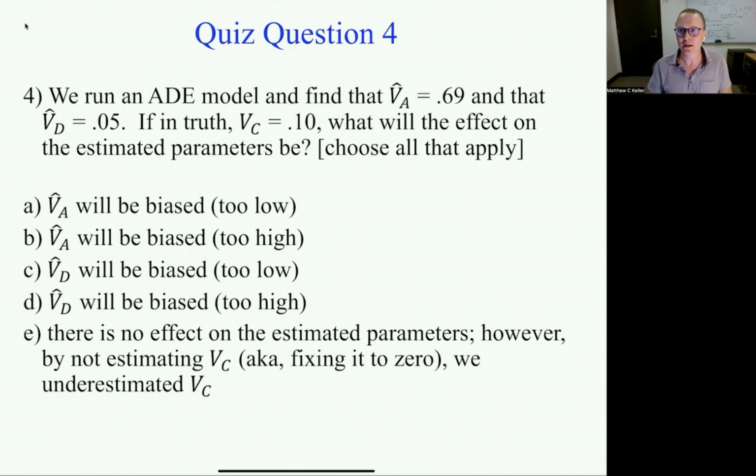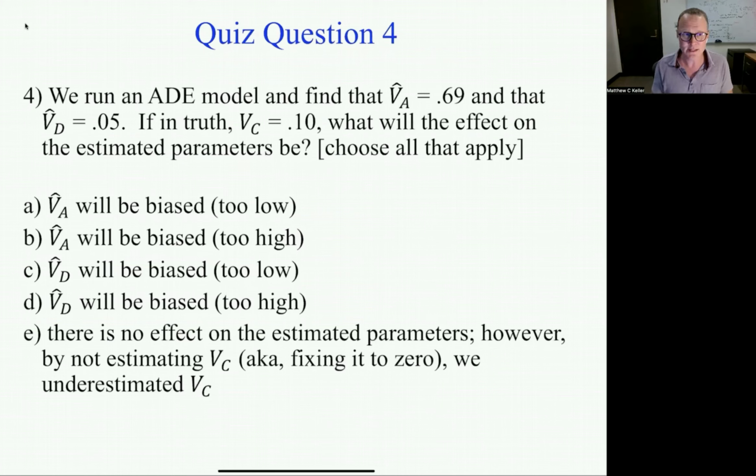Then you would know what VC is, and you'd know that you have a biased estimate. Now, if on the other hand, the deity comes down and says, by the way, VC is actually 0.0000, then you would know that your estimates aren't biased, at least not biased due to this issue of parameter indeterminacy. Now, if in truth VC is 0.1, what will the effects on the estimated parameters be?